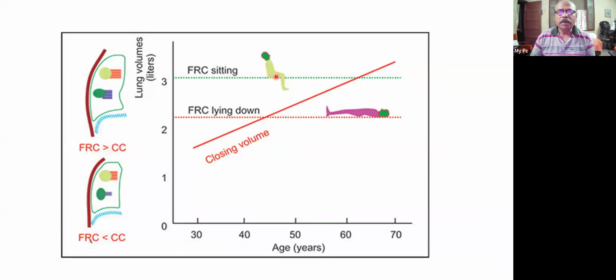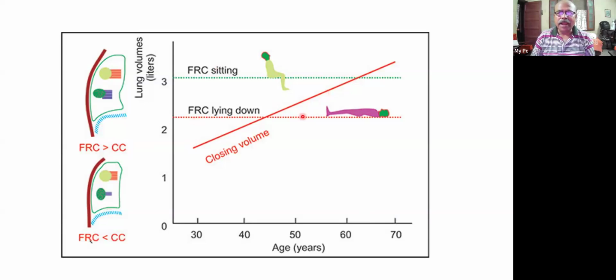And you can see in the graph the FRC line is crossed by the closing volume line at this point, which corresponds to about 65 to 70 years of age. So anybody above 70 years of age sitting up will already have the FRC below its closing volume.